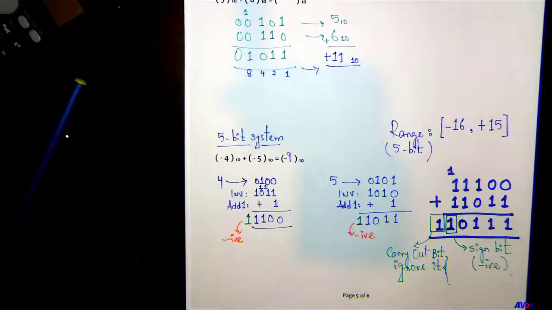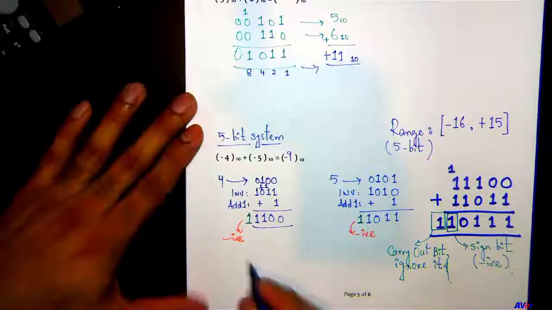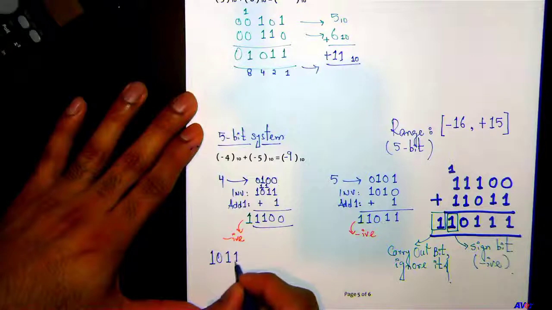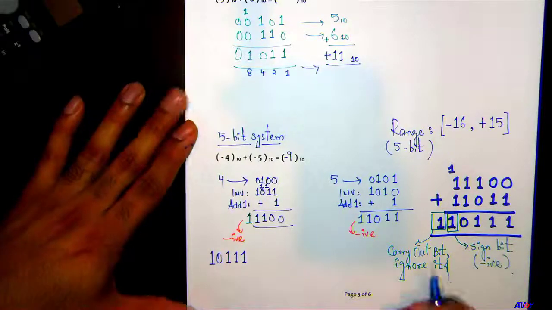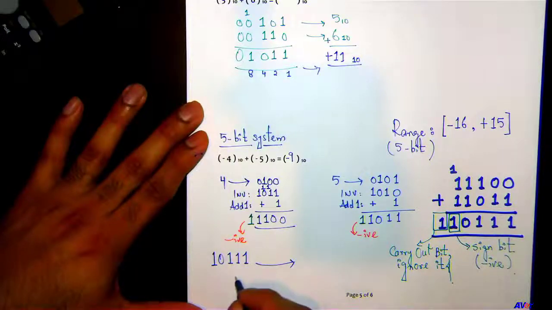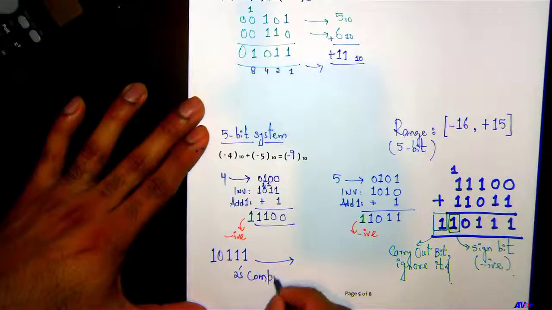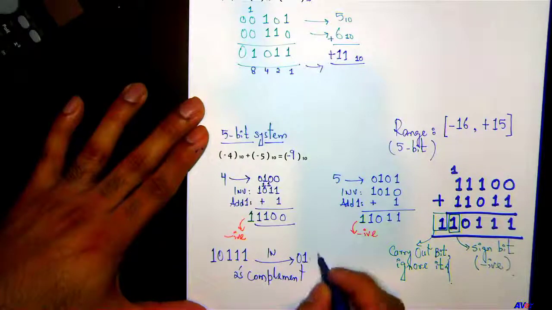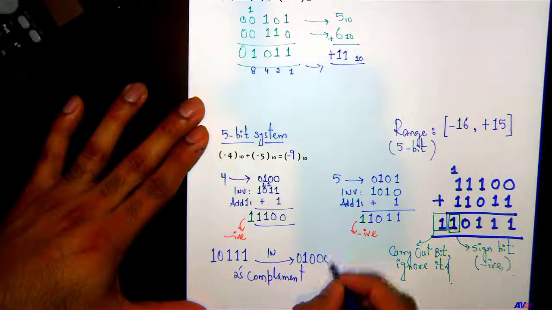Okay, and what do we do with the negative number? We take a 2's complement of it, right? Okay. All right, so we are taking 2's complement here. First step is invert, so 0 1 0 0 0.